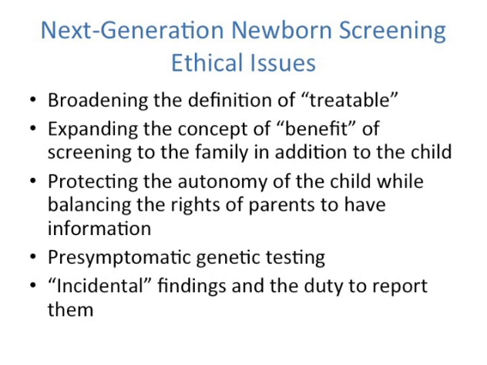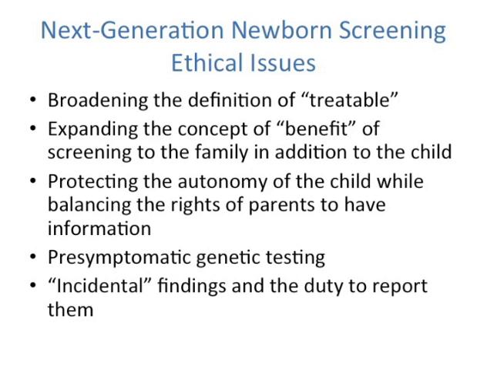And in thinking about next generation newborn screening, some of the things that we're working on is, can we broaden the definition of what's treatable? Maybe things that could be beneficial to detect early might not really be treatable in the traditional sense. What about extending the concept of benefit of screening to not only the child but to the family?